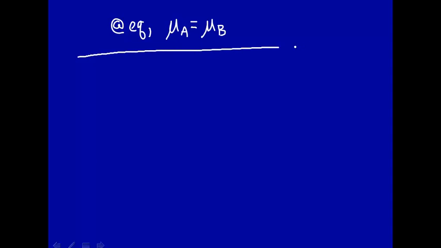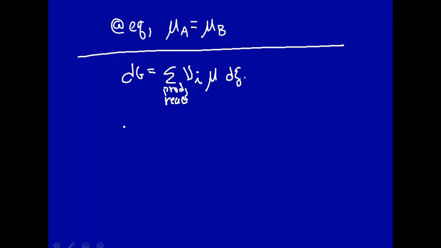There's another thing we could extract out of these ideas we just presented. We said that dG is equal to the sum, here we're summing over products and reactants, of the stoichiometric coefficient of the product or reactant times the chemical potential times d xi. Let's see how G, the free energy, changes with extent of reaction.